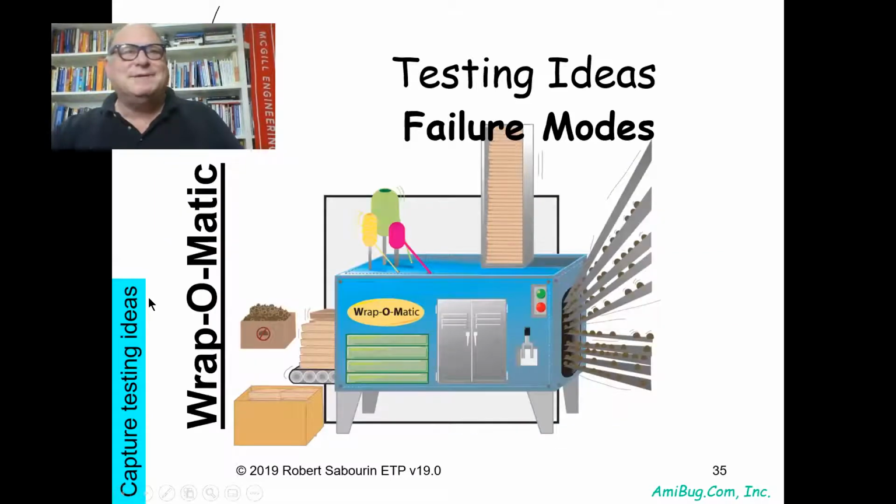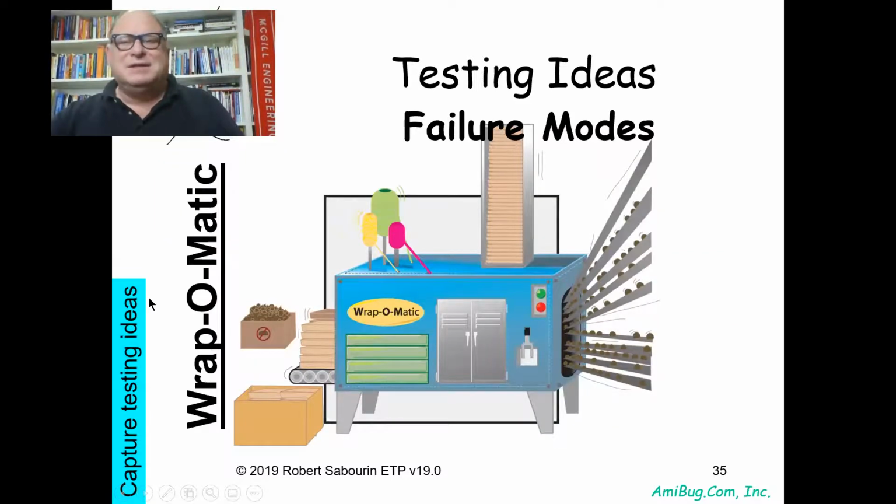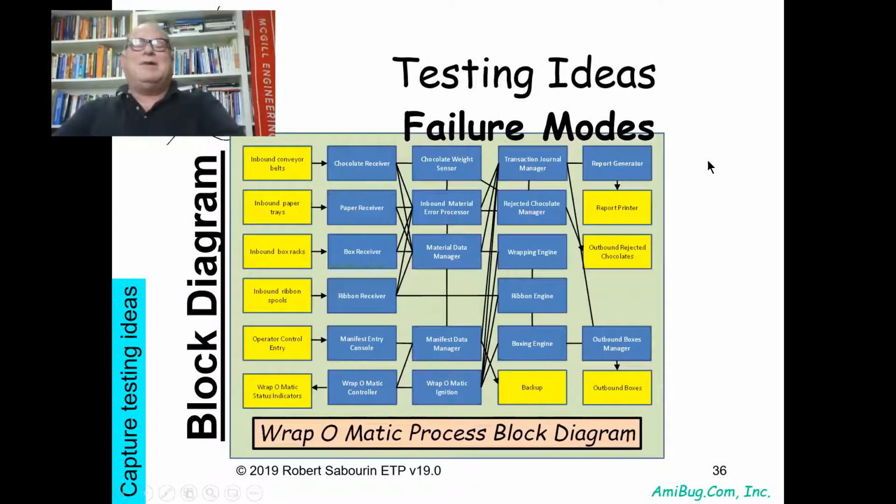And if I just move this up a little bit here, there we go. This is my famous chocolate wrapping machine I'm always talking about, the Rapamatic. Here's a block diagram of the software inside of this system. The yellow blocks are process elements that are not part of the system under test. The blue blocks are parts of the system under test. So we see there's a chocolate receiver, a paper receiver, a box receiver, ribbon receiver.